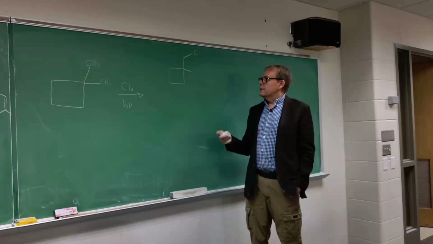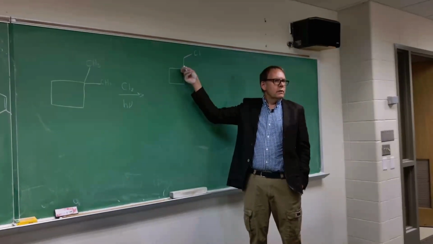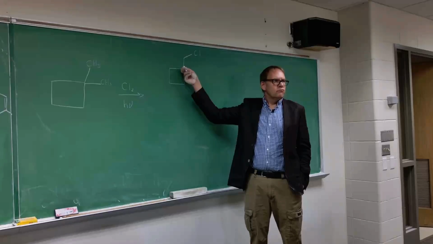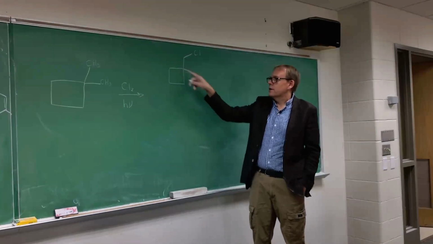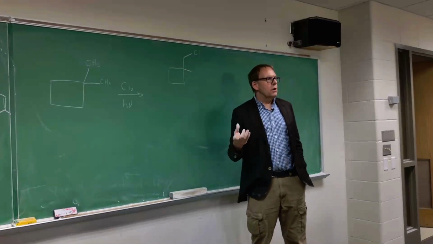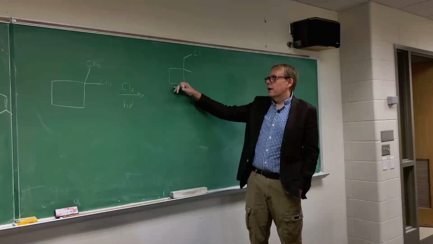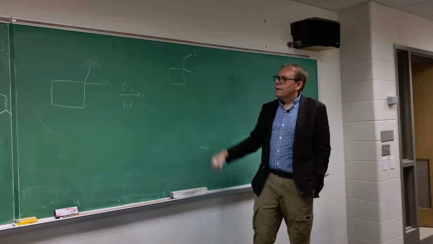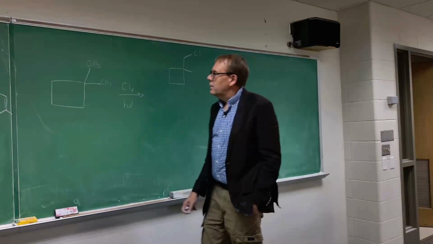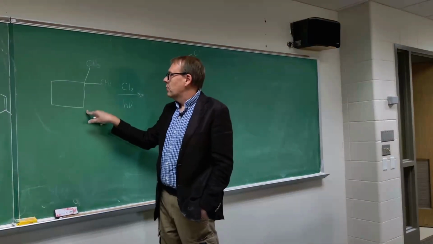Now, did I make a new stereogenic center here? Right, I see some heads shaking. So there's no stereogenic center here, so I don't need to draw dashes and wedges. I don't need to worry about what stereoisomer is formed because it's achiral. So that's one. And then there are the possibilities over here on the ring.